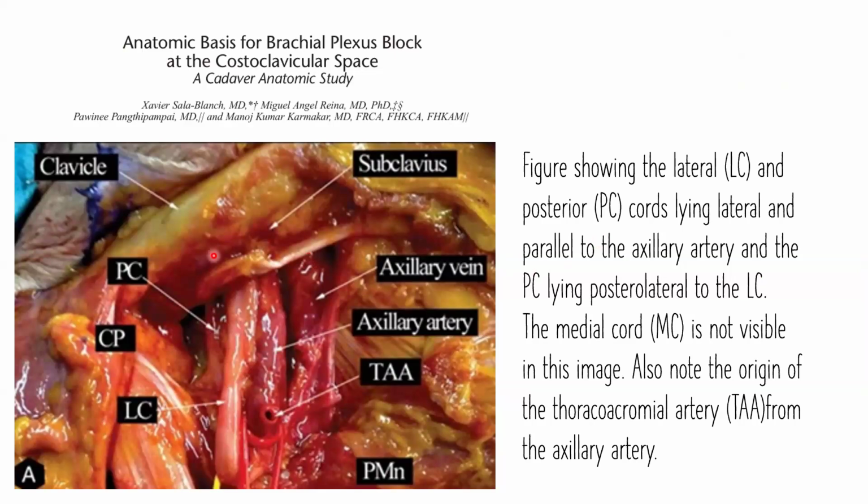It's same as what we have seen earlier, but this is a front view where the clavicle and the subclavius is maintained, the vein and the artery are maintained, and you can see that the lateral cord is very superficial and just lateral to the axillary artery or the subclavian artery. The posterior cord is posterior to the artery, and you don't find the medial cord here currently.